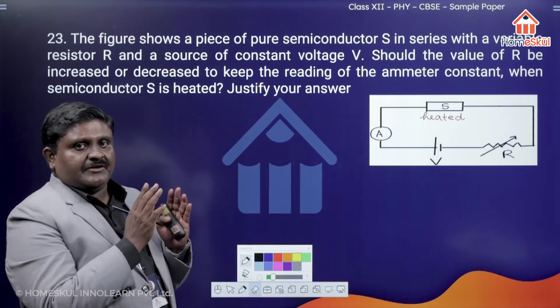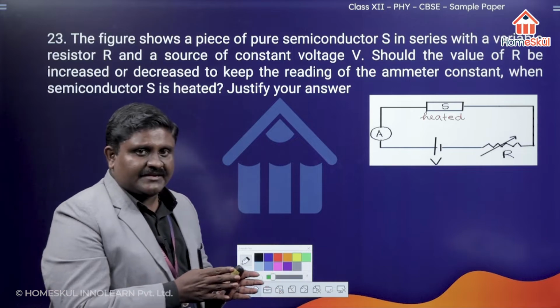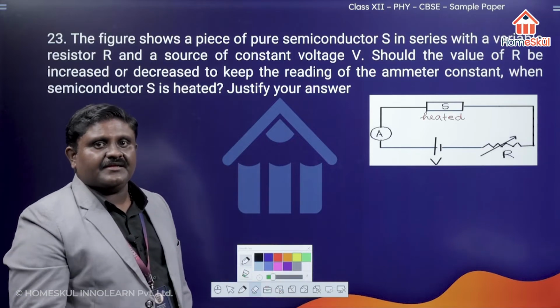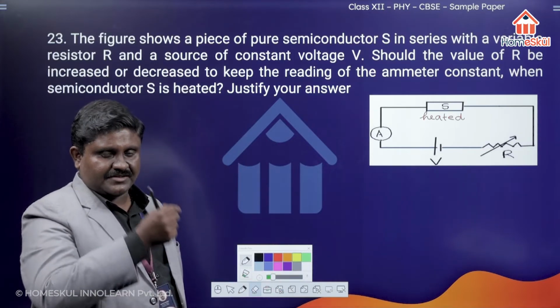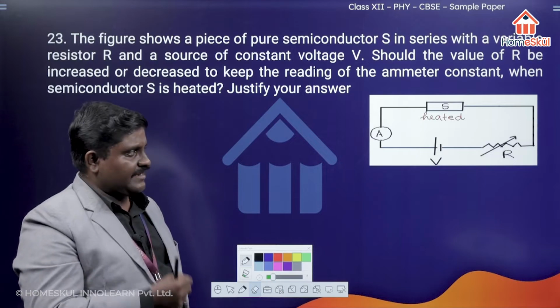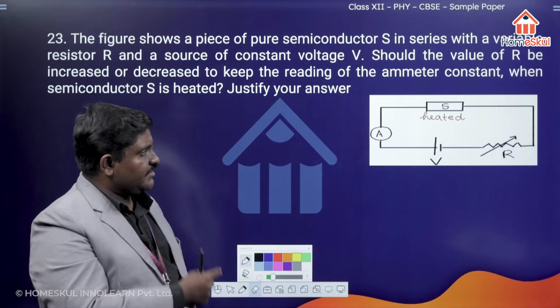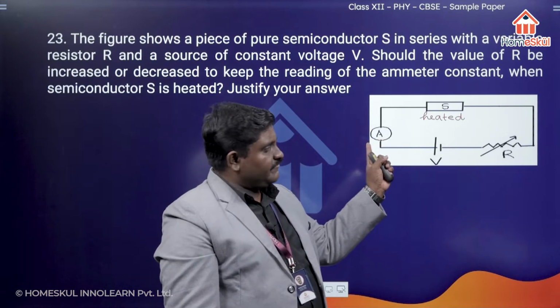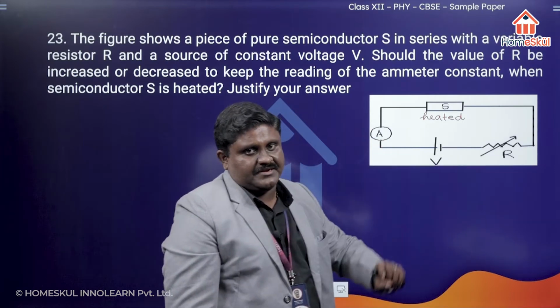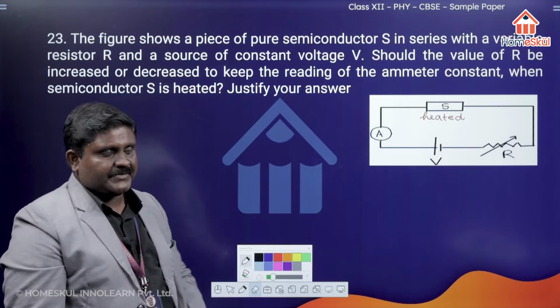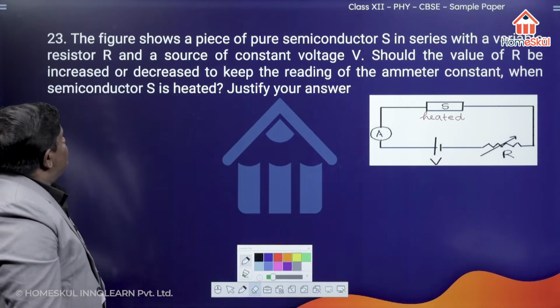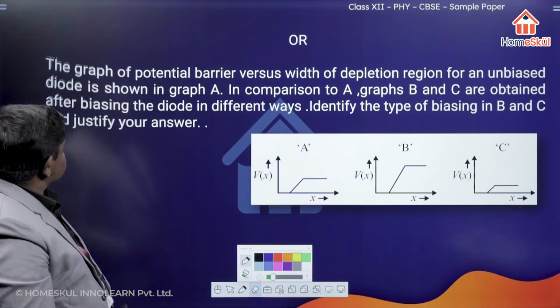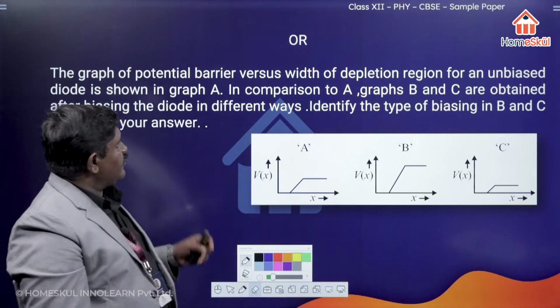When the semiconductor is heated, the resistivity decreases so that maximum current will flow through the circuit. Then in order to maintain the ammeter reading constant, we have to increase the value of resistance R. Clear?